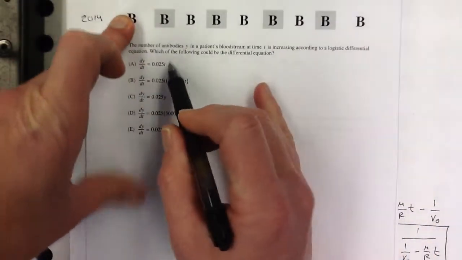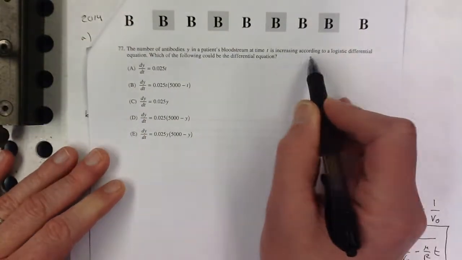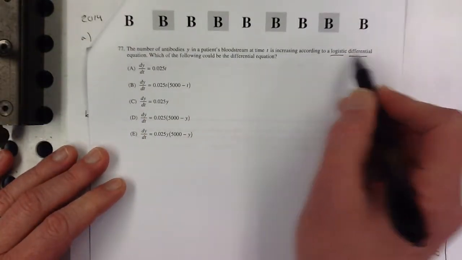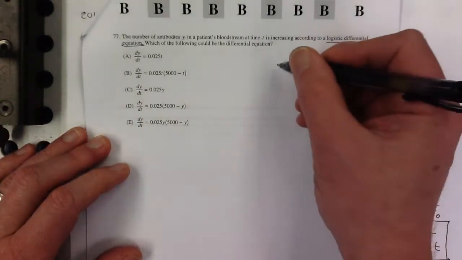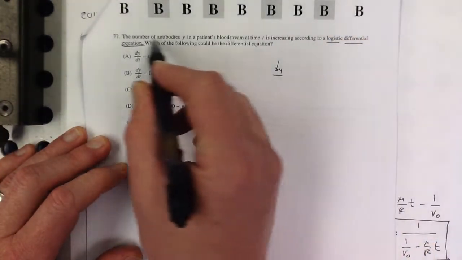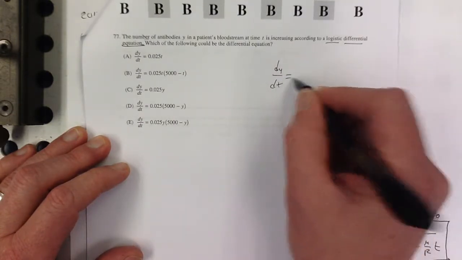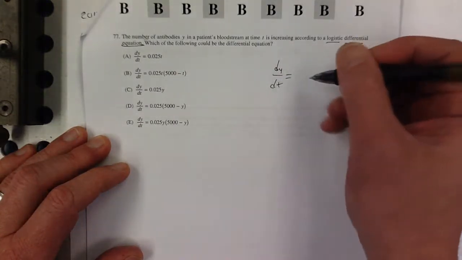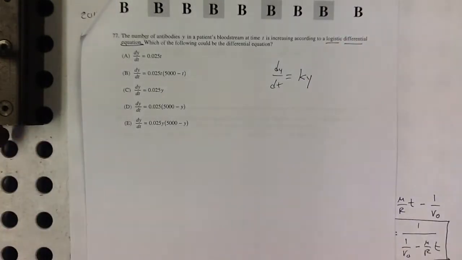Number 77. The number of antibodies y in a patient's bloodstream at time t is increasing according to a logistic differential equation. So logistic differential equations look like dy/dt, right? Usually we use time here instead of x, is equal to, if it was just ky, that's exponential growth right there.